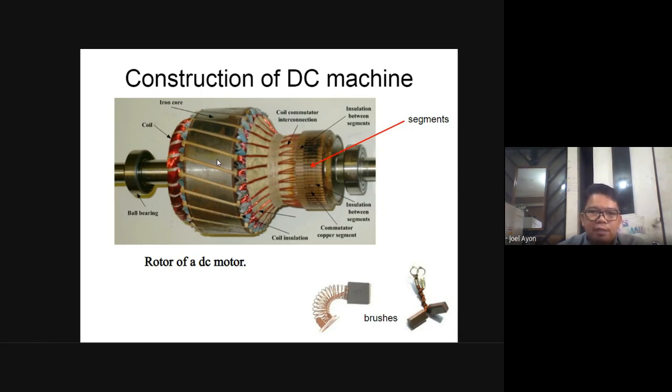In that sense, that is the force that pushes the armature so that it turns. But an AC motor operates on the principle of attraction. In a DC motor, it repels and pushes. Basically, that's the principle of a DC motor.